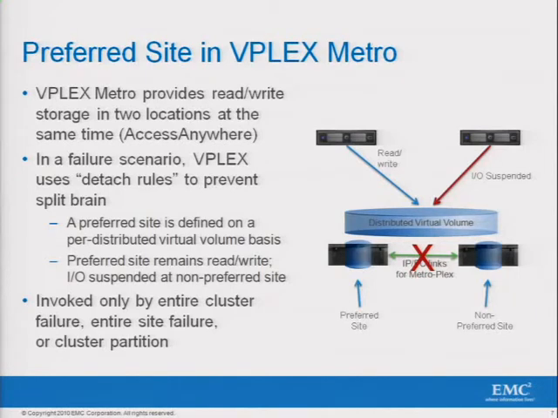How do we determine which of these two sites goes I/O suspended, and how do we determine which one remains read-write? That is done through a set of rules. These rules are defined on a per volume basis. I have one distributed virtual volume displayed here. For that one distributed virtual volume, I have the ability to define that site A would be the preferred site, and site B would be the non-preferred site.